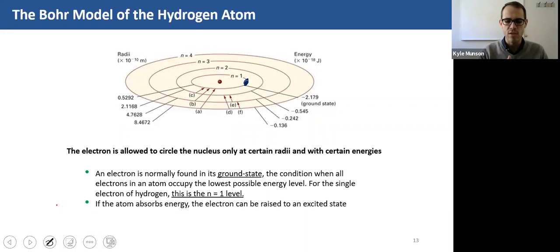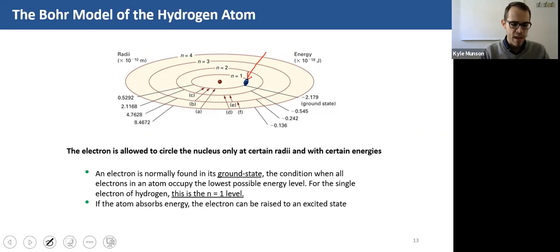Like I said, an electron is normally found in its ground state, which is the condition where the electron in an atom occupies the lowest possible energy level. For the single electron in hydrogen, this is the n equals 1 level. We'll talk about that in a second. This is where the electron resides most of the time.